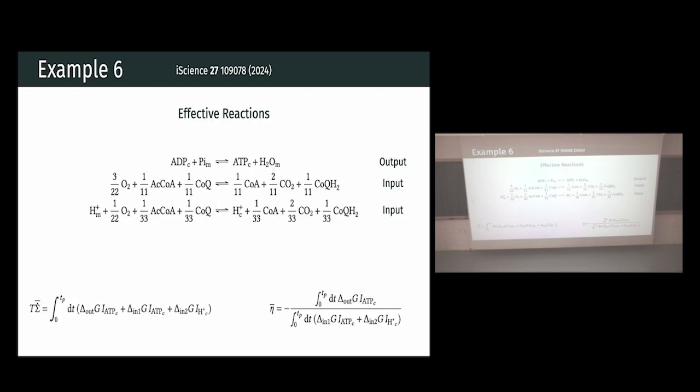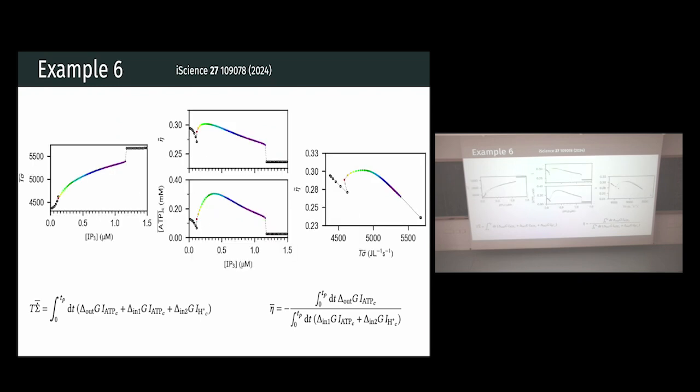And if you do so, you end up with basically three effective reactions between chemostatic species, and one can be interpreted as an output, the others as input, and you can define an efficiency also when you have these oscillations of calcium. You can compute, for example, the efficiency when you change the control parameter triggering these calcium oscillations in the cytosol, affecting the enzyme kinetics in the TCA cycle.